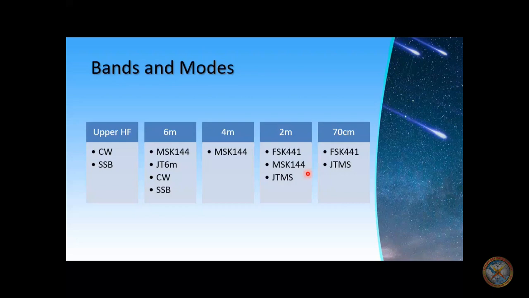So yeah, it's convenient, MSK, but it's a bit deaf. On 6, because the reflections are longer anyway, it doesn't matter, but on 2, it just doesn't work. And 70 centimeters is really not a meteor scatter band.